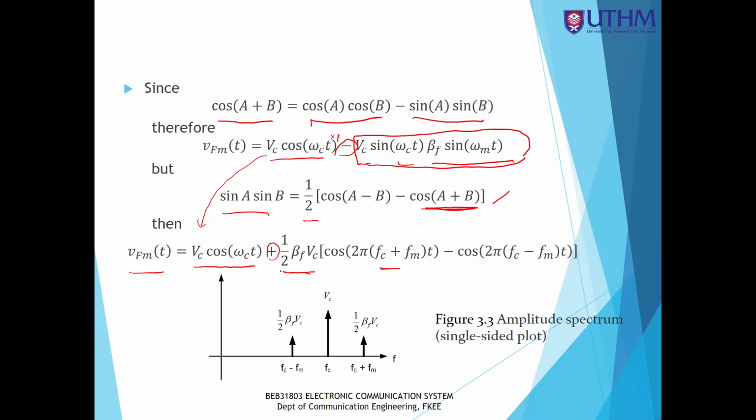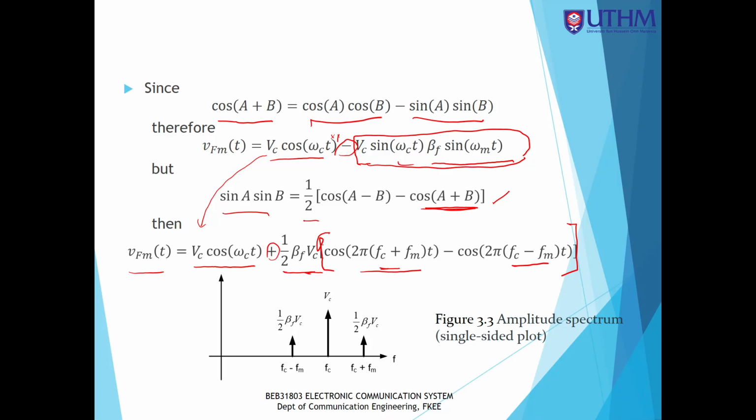So 1 over 2 beta F Vc cos of the upper sideband minus cos of the lower sideband. Remember there is a big bracket over here. So we have 3 components now.